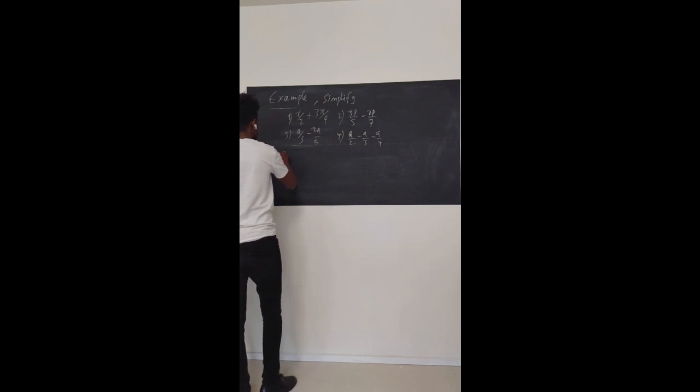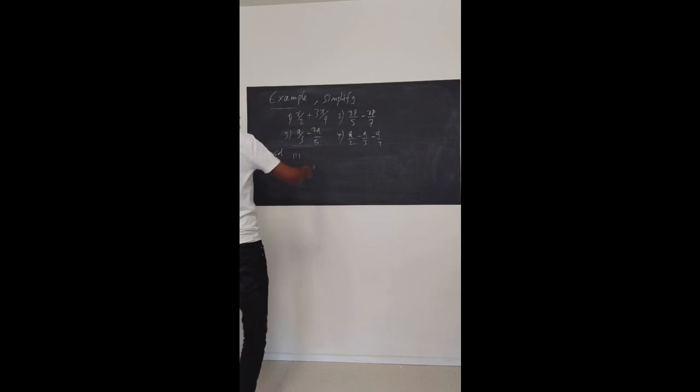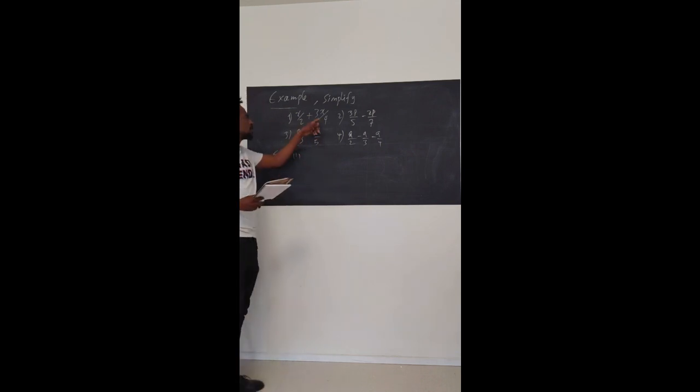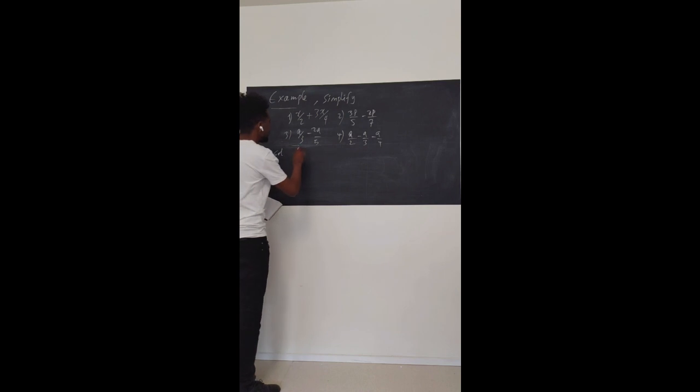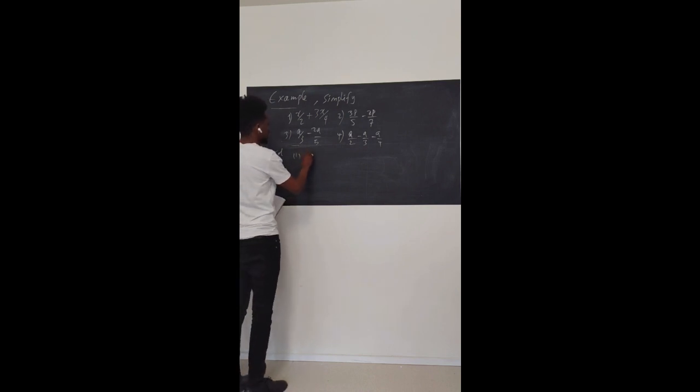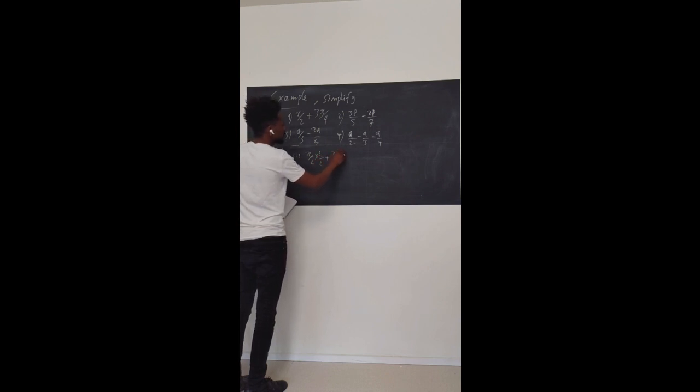Solution 1. So, what is the least common denominator here? We can see that it is 4. Then we have x over 2 times 2 over 2 plus 3x over 4.